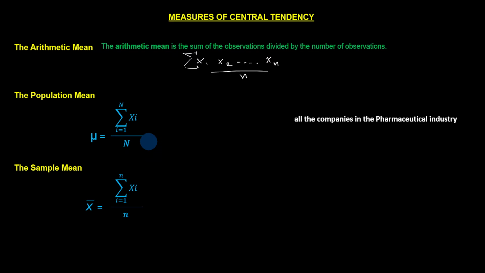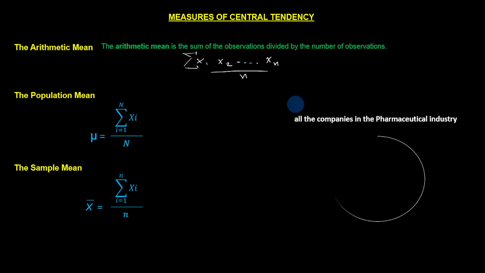We can easily use this formula. We find out all the returns on the companies, we sum it all up, then divide by the total number of companies in the pharmaceutical industry. And the result, because you have used all the members of the population, is going to be the true mean of the returns in the pharmaceutical industry.